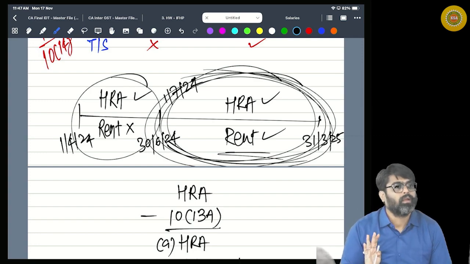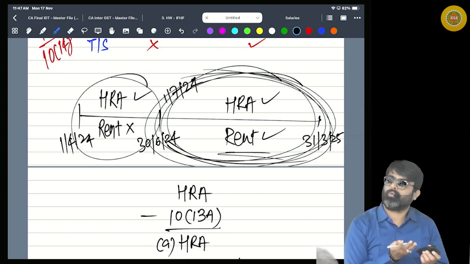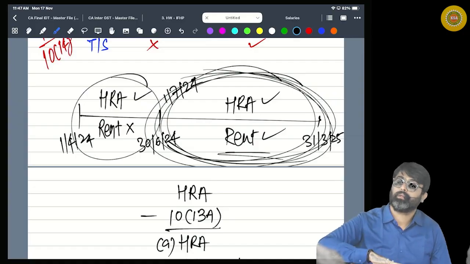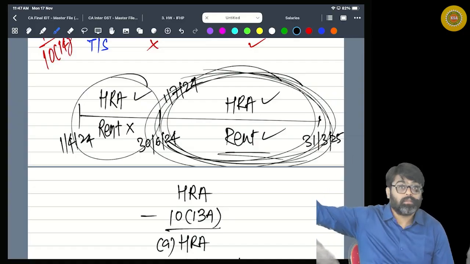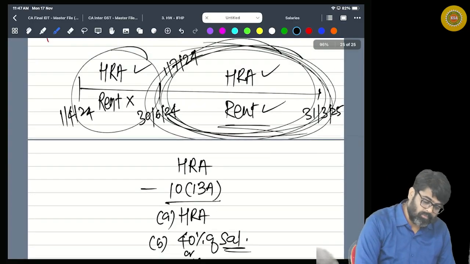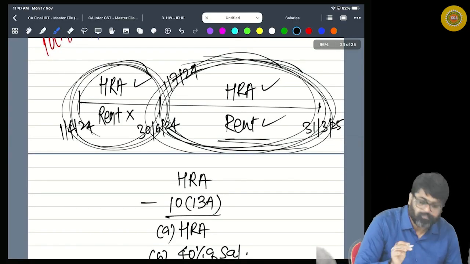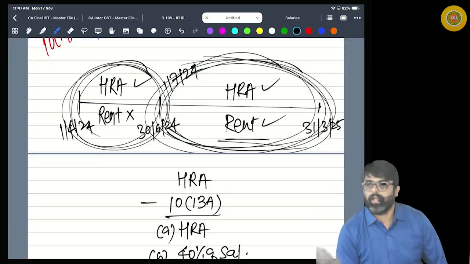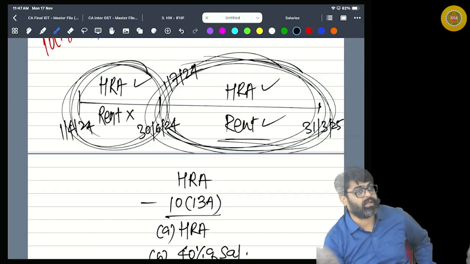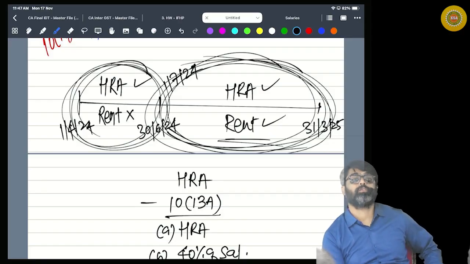One question, full calculation for the entire year is done. Another question, calculation on a monthly basis is done. Everywhere, what you are supposed to do? The months in which HRA is given but rent is not paid, for those months, what are you going to do?